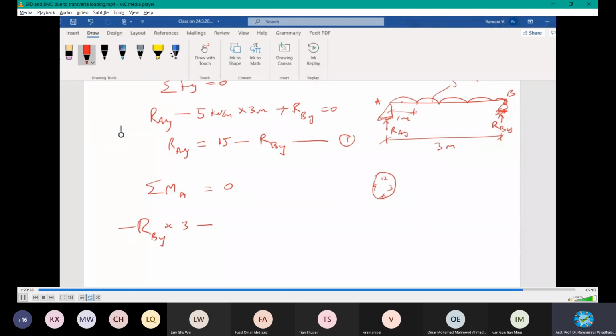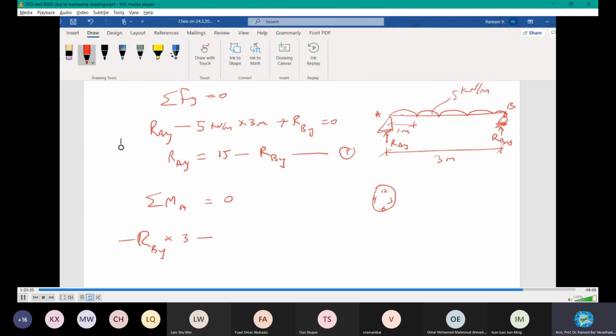Then for the downward force, the force acting here will be 15 newtons, but I read it in kilonewton per meter, so you have to change it to a point load. The loading AB, I need to change to a point load.